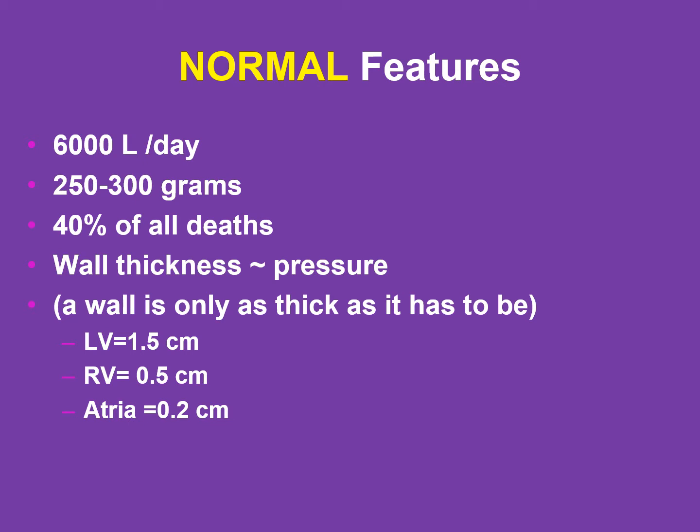Primarily, the wall thickness is correlated with the pressure, and obviously a wall can only be as thick as it has to be, except in hypertrophic cardiomyopathy, which can be exaggerated. So your normal LV is about 1.5 centimeter, your RV is about 0.5 centimeter, and the atria is about 0.2 centimeter in thickness.